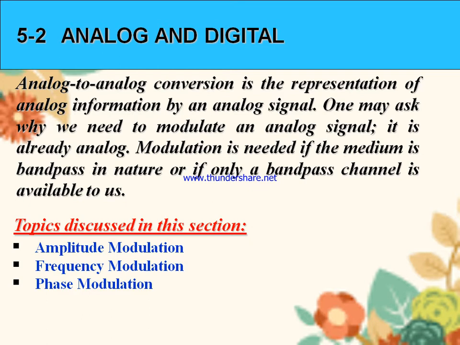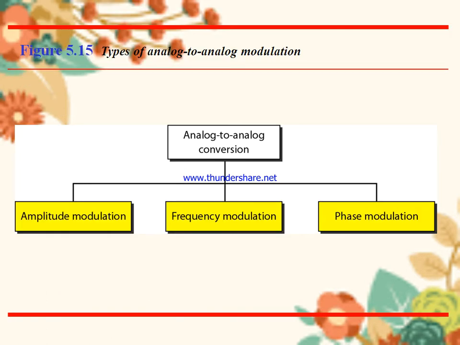For that we use three different types of modulation methods: amplitude modulation, frequency modulation, and phase modulation. Analog to analog conversion consists of these three types of modulation.